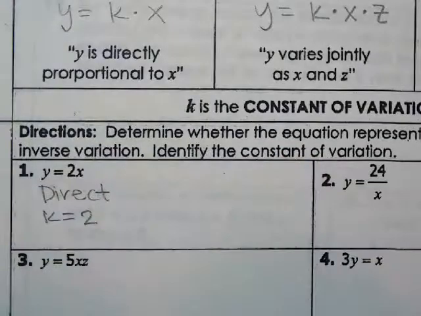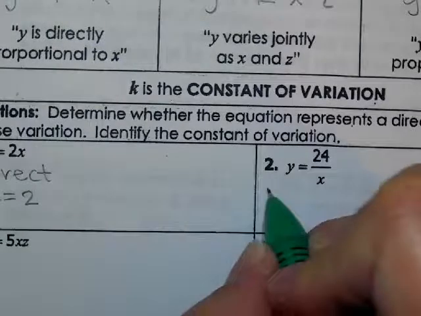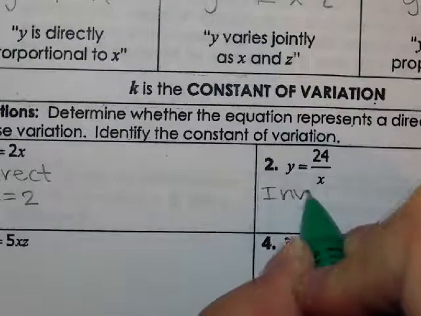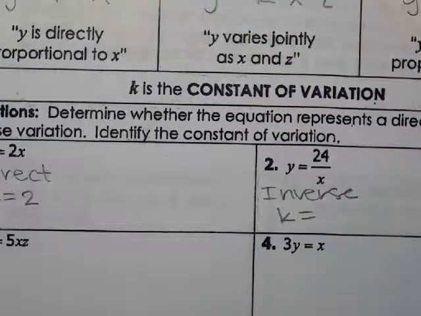Okay. Number 2 says y equals 24 over x. Is that direct, joint, or inverse? Inverse. And what does k equal? K equals 24.